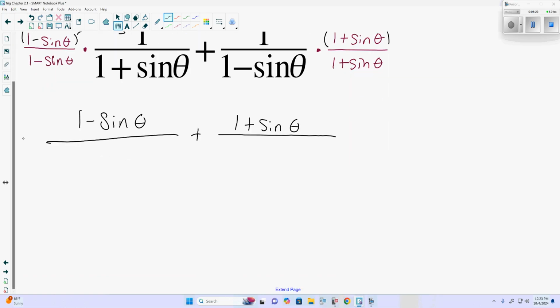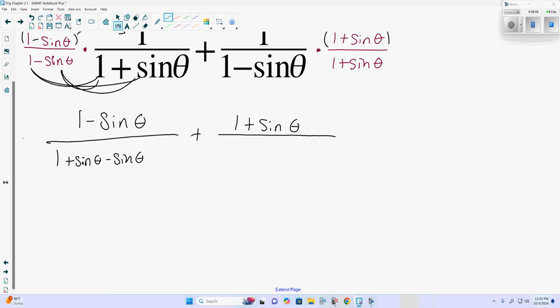And let's see how this works. I'm going to do the first one out. Because if we actually multiply this out, 1 times 1 is 1. 1 times sine is plus sine of theta. Negative sine of theta times 1 is negative sine of theta. What's happening to our sine of thetas? They're going to cancel because we have a positive and a negative, same value. That's going to be 0.